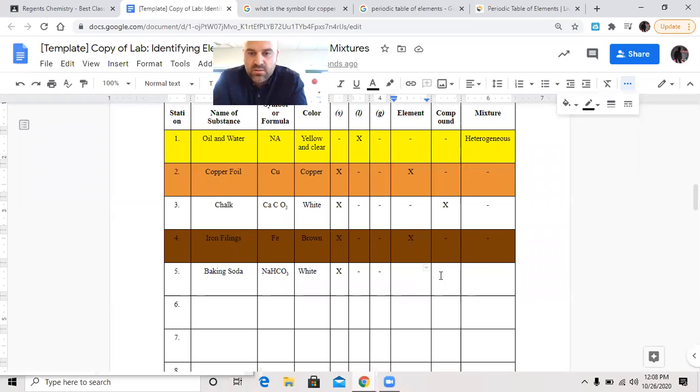Good. It's a compound. For some reason, you guys are understanding the difference between a compound and an element a lot better than the other classes. So good for you guys. So that is going to be a compound. It's a fixed ratio of 2 or more elements.